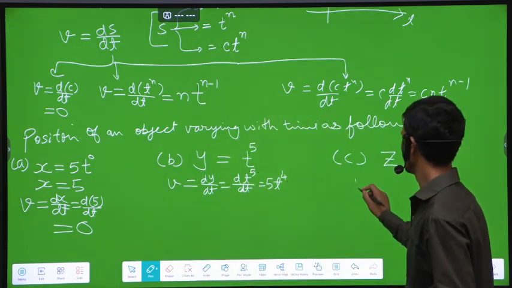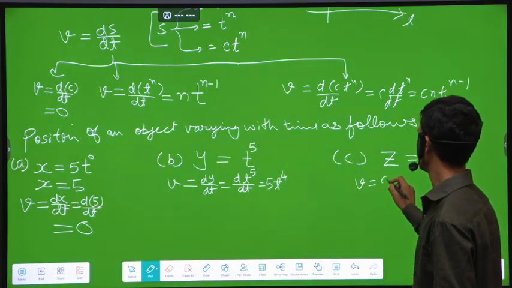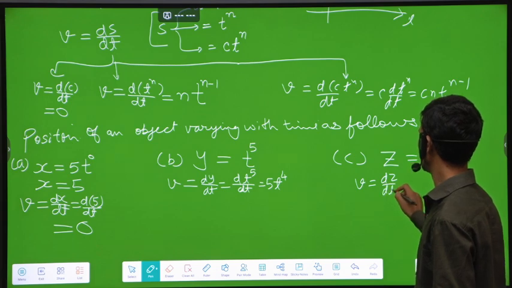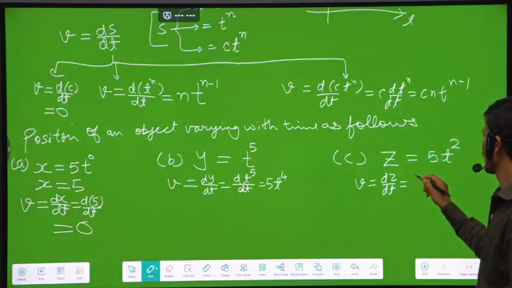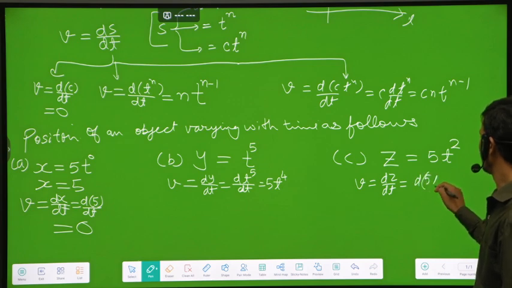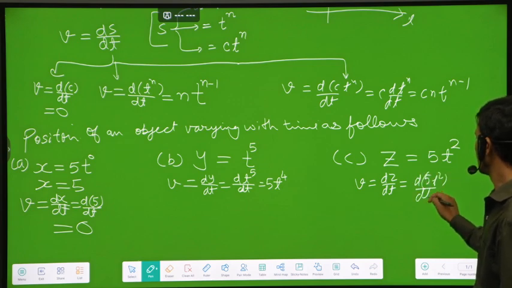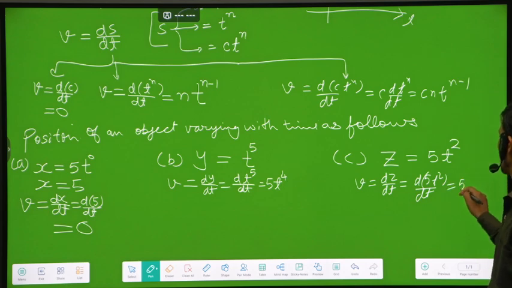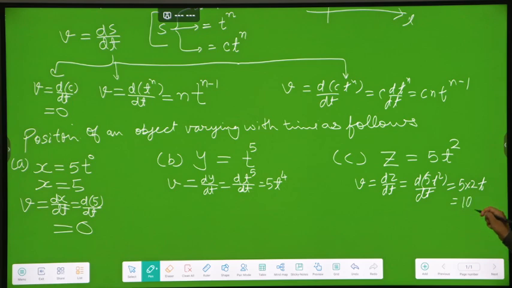Here also v equal to dz by dt and d 5t square by dt. So it is 5 multiplied by 2t, which is 10t.